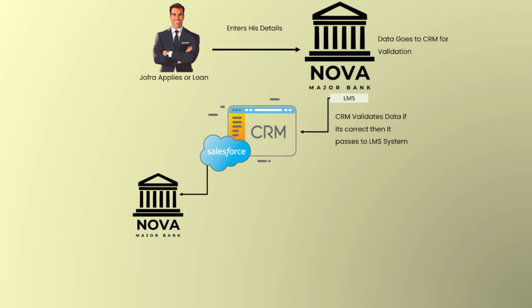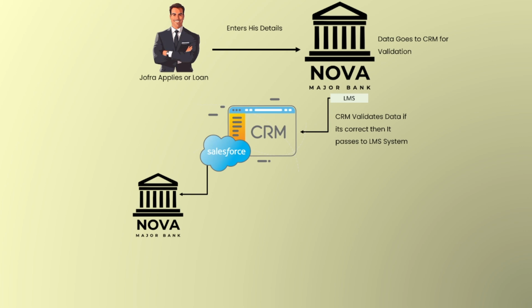So are you getting my point? First Jofra enters all his data into Noah Major Bank. The Noah Major Bank software or web page does not have the capability to check or automate it. They only have the ability to take the data from Jofra. So to do that, this data goes to the customer relationship management system, which is another software.